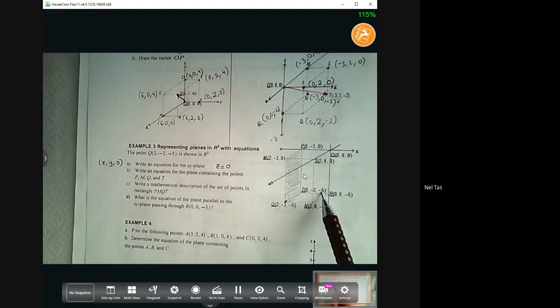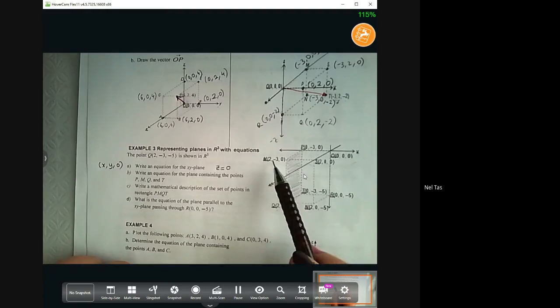Now check for something common. When we look at those 4 points, we see that all of them have y coordinates of -3.